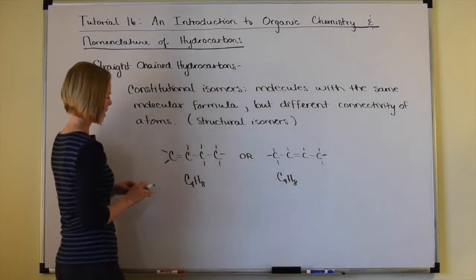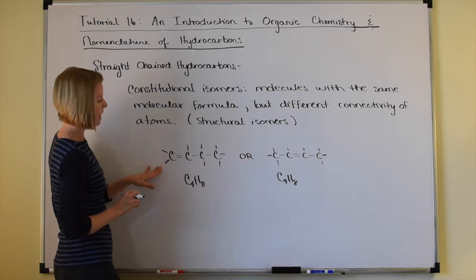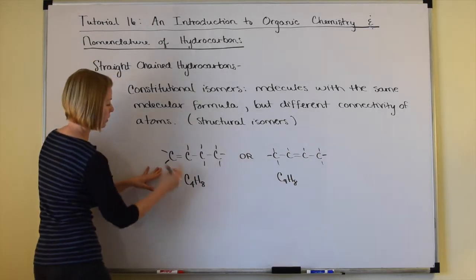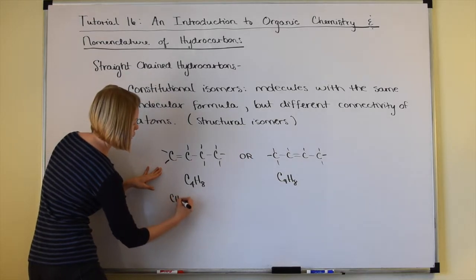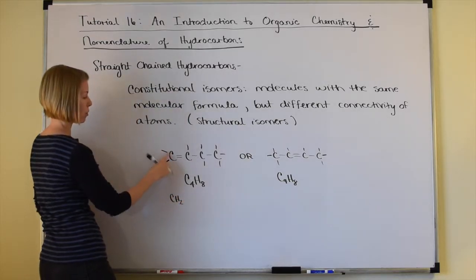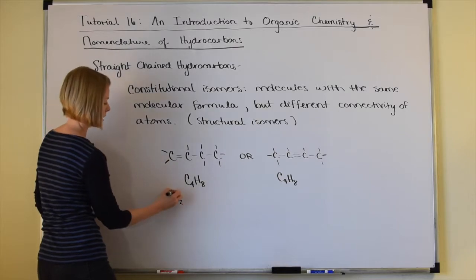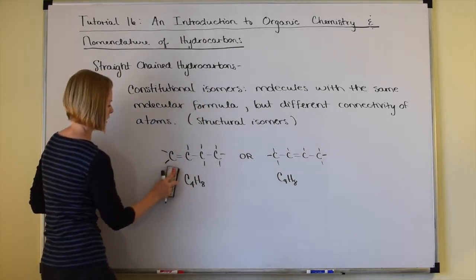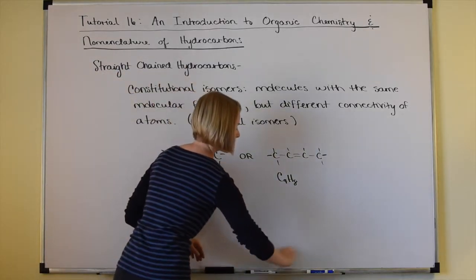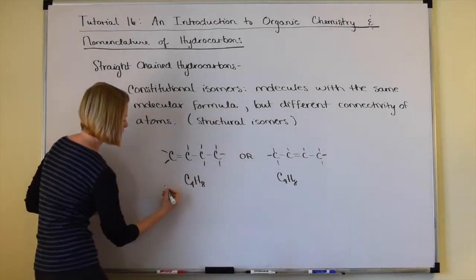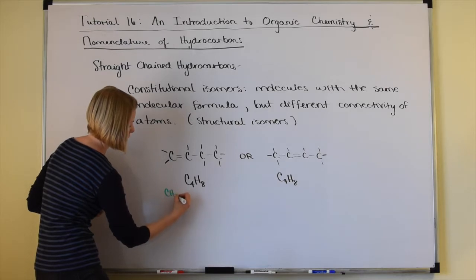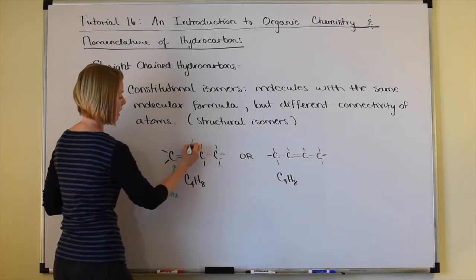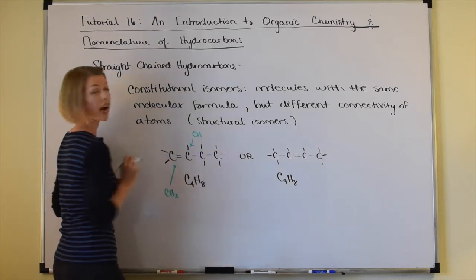Okay. All right, so then the connectivity, let's prove to ourselves that they really do have different connectivity. For this one, we have a CH2. Start out with a carbon with just 2 hydrogens. And I'll draw a little arrow there. Maybe I'll do this in a different color. I don't want it to get too messy up here. Let's do it in green. So this first carbon is a CH2, carbon with 2 hydrogens. The next carbon is a CH, just has 1 hydrogen.